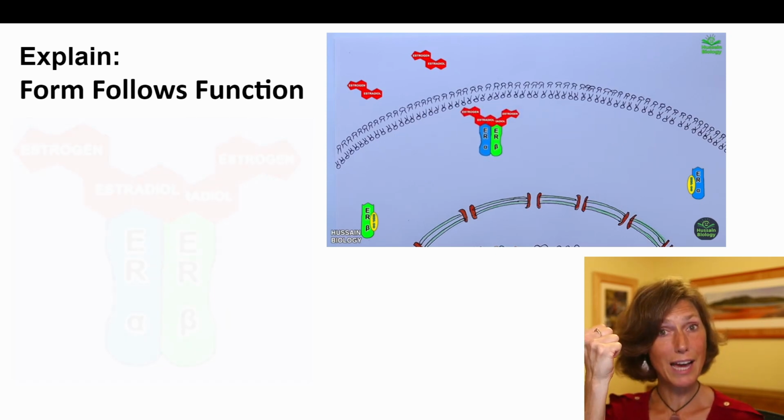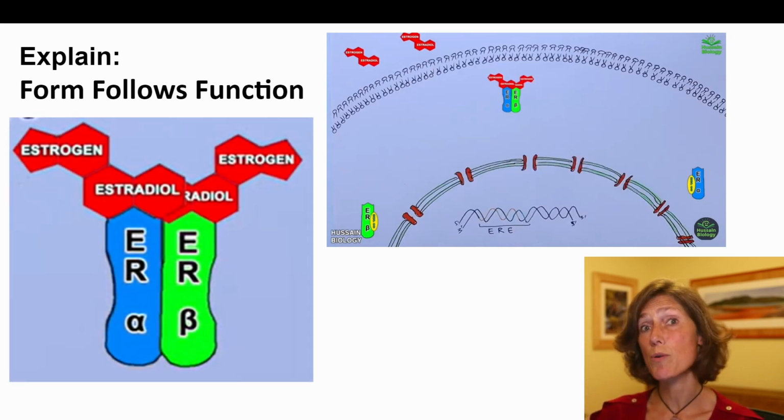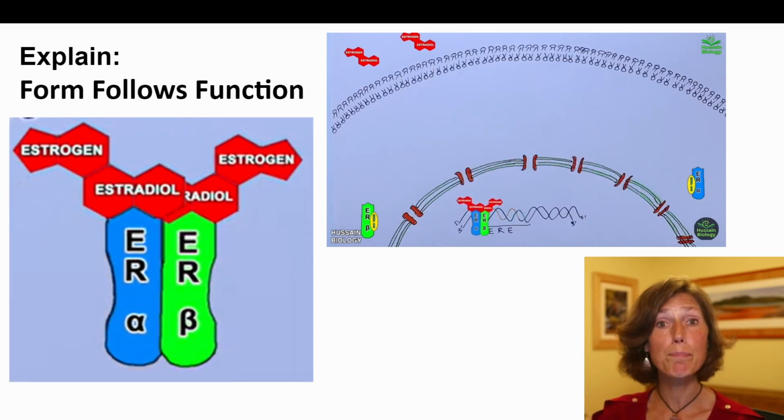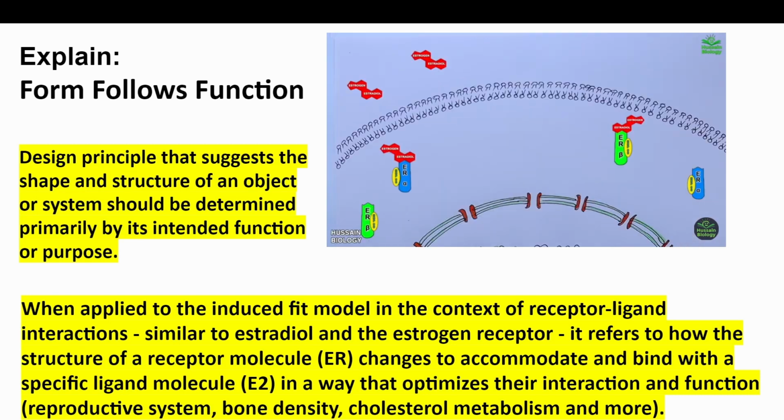And upon ligand and receptor binding, the entire complex now travels into the nucleus and binds to the estrogen receptor element. What's emphasized in this particular slide is that form follows function. The estrogen molecule, similar to BPA, is able to bind the estrogen receptor.